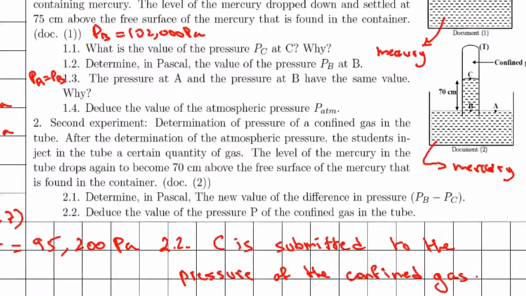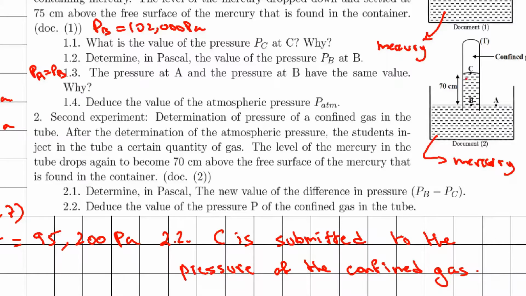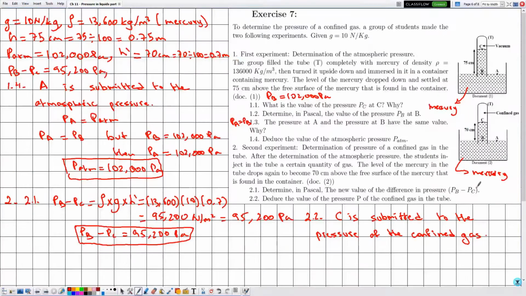So what does this mean? If we are able to determine the pressure at the point C, we are done. And notice that in part 2.2 they are telling me deduce, which means that we need to use the previous part. In the previous part we have determined PB minus PC, the difference, which is equal to 95,200 Pascal.